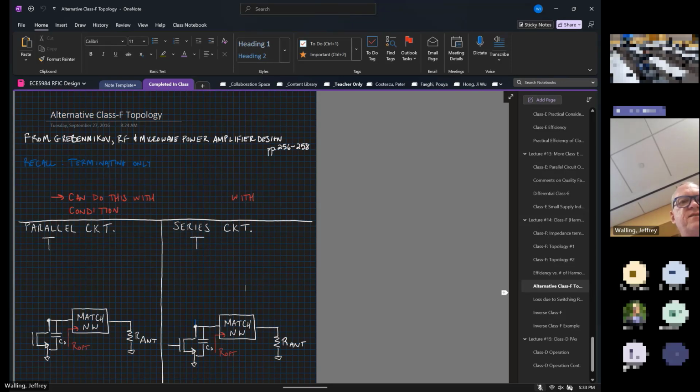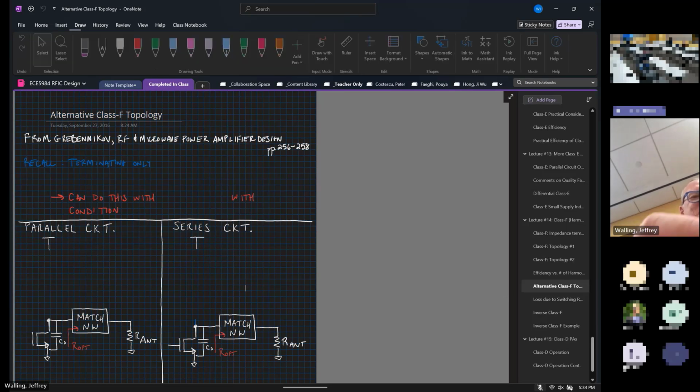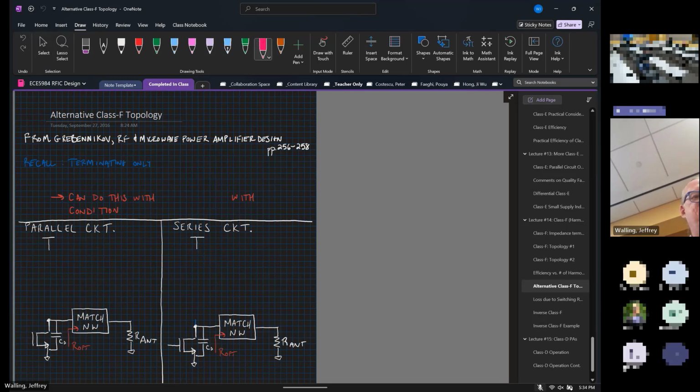So there's this other concept from Grebennikov that I'm going to show you now on making a class F power amplifier. If we just recall from a moment ago, if we only terminate the fundamental plus the second and the third harmonic, then you'll see that the drain efficiency is 82%.